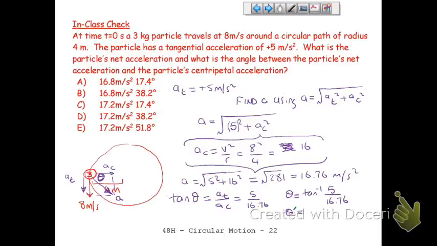I'm getting 16.6 degrees, which is none of those.